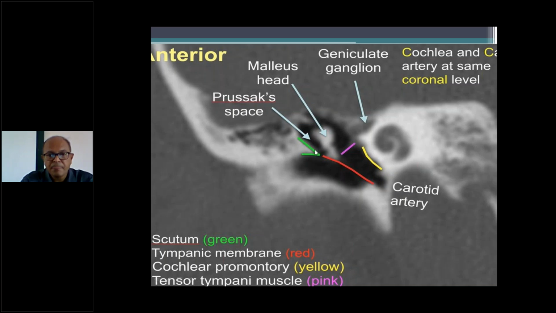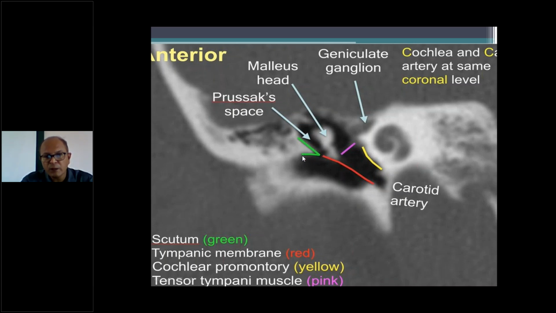And you can see this ledge of bone here. This is the outer attic wall or scutum. And erosion of the outer attic wall or scutum in a CT scan is a telltale sign of attic cholesteatoma. So when an attic cholesteatoma is present, the outer attic wall or scutum will be eroded.